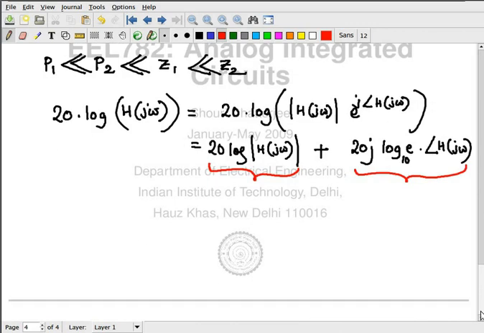Okay, so let's try to look at 20 log of the absolute magnitude of H of j omega. So term number 1.